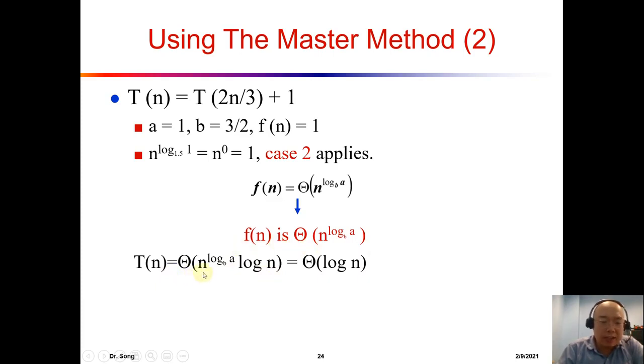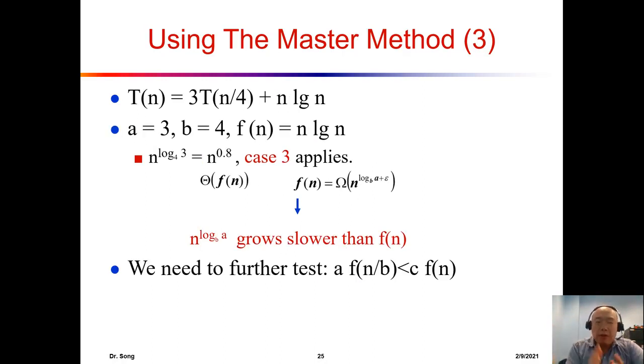So that is theta of n to the log_b a times log n. And n to the log_b a is a constant, so this is theta of log n. So this is the second case solved. And again, after we are able to figure out this is case 2, we just apply the master method, and then the recursion is solved.